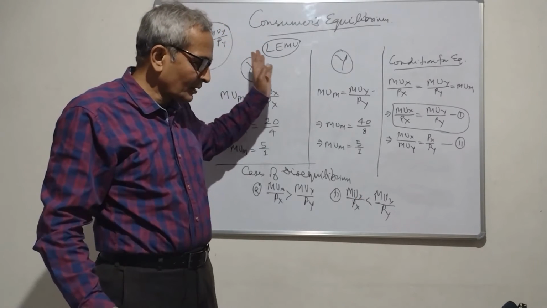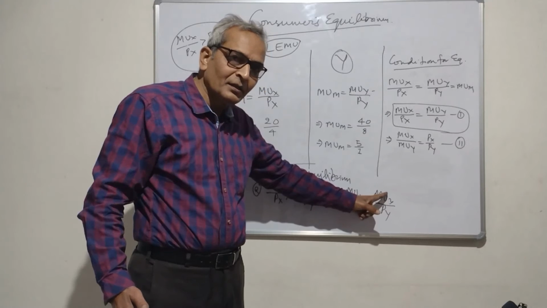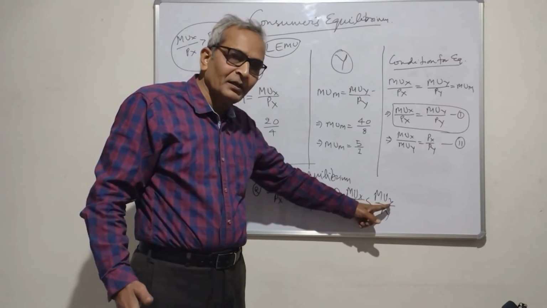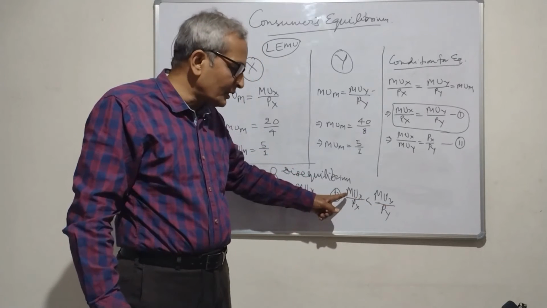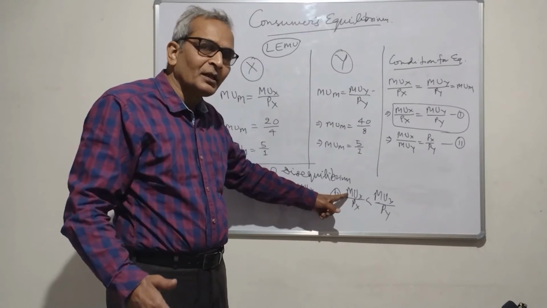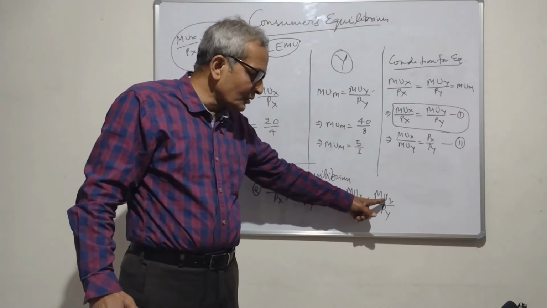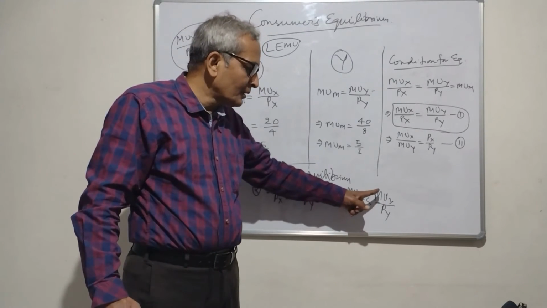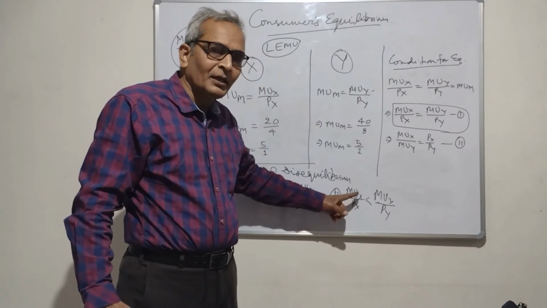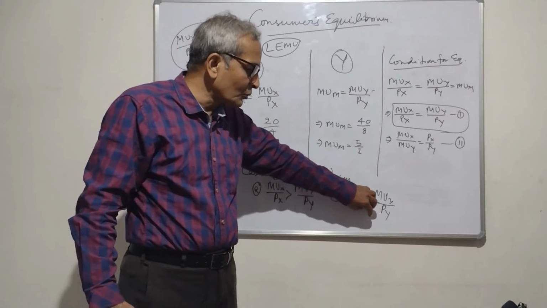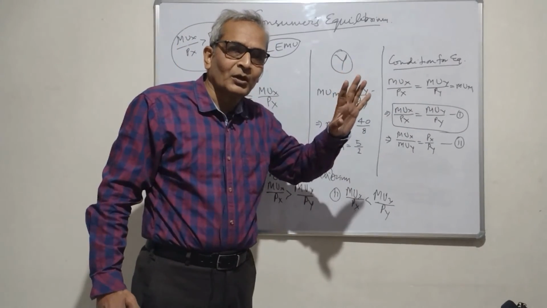As the consumer increases the consumption of Y, the marginal utility of Y will keep falling, and as the consumer decreases the consumption of X, its marginal utility will go up. Right now, this is more, this is less. MUY is decreasing and this is increasing. A point comes when both of them become equal and the consumer strikes his or her equilibrium.